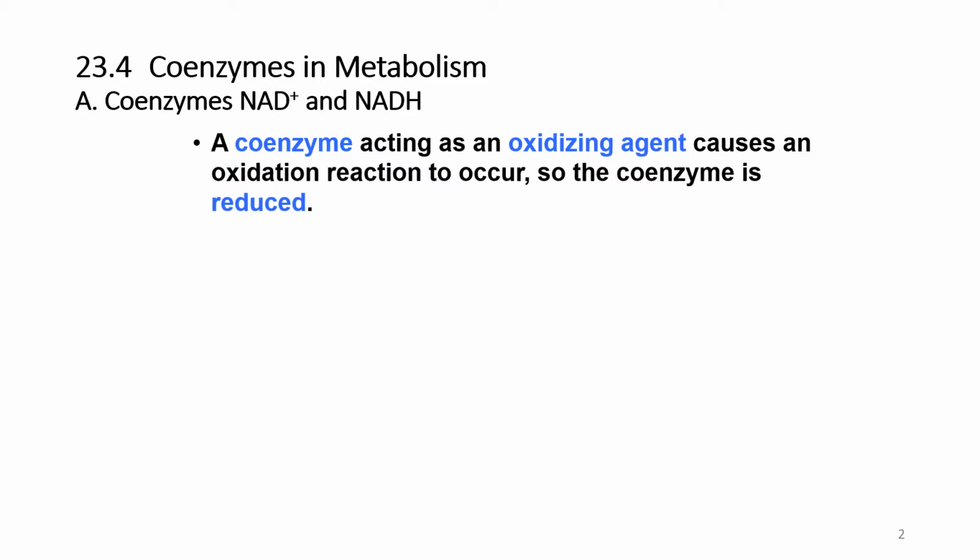And in our metabolic pathways, these redox reactions require a coenzyme, and this coenzyme acts as an oxidizing agent. If you recall, oxidizing agents are reduced. So these coenzymes get reduced in the process of these reactions.